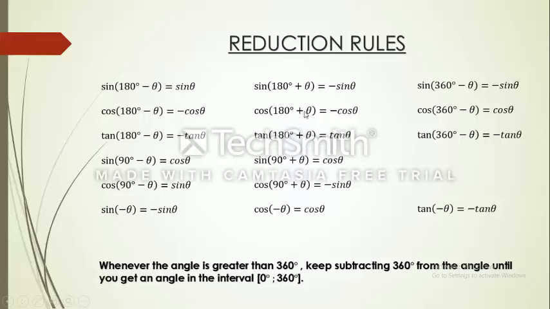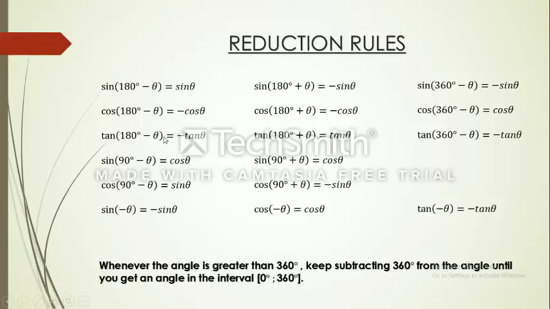And cos 180 plus theta, which is in the third quadrant, we saw that cos is negative in the third quadrant. And cos 360 minus theta, which is in the fourth quadrant, we saw that cos is positive in the fourth quadrant.